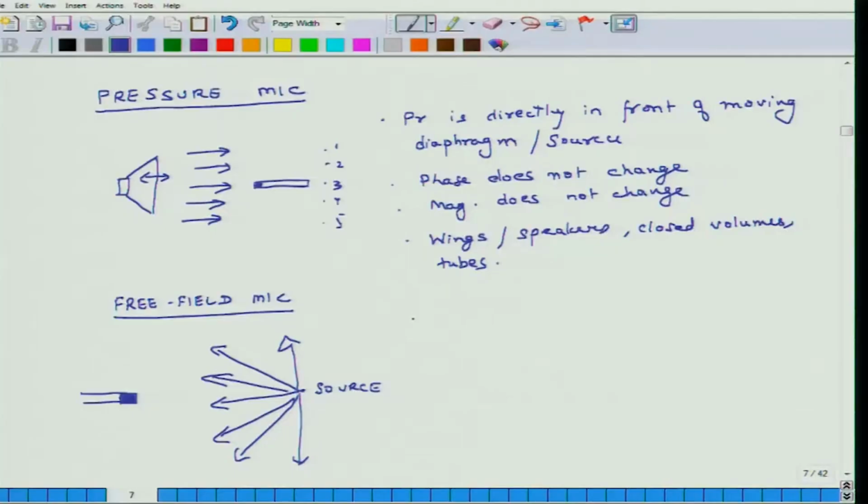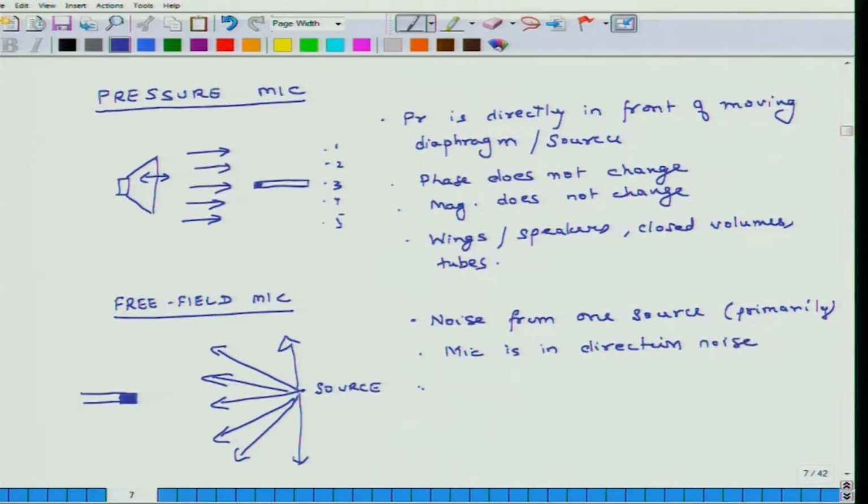So, noise from one source primarily, because there will never be a situation where you have only one noise source, but more or less, if you have one dominant noise source, and then the mic is in the direction of the noise, and then not many reflections.